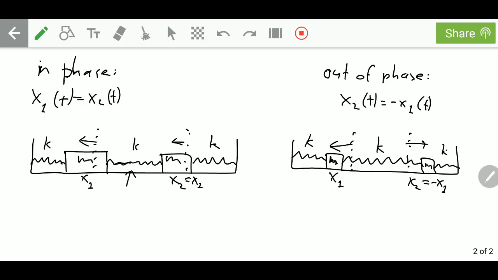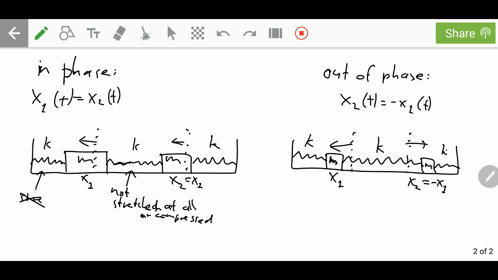Then, since they both move off to the left the same amount, or right the same amount, this spring is actually not stretched at all. And then this spring right here is compressed, excuse me.